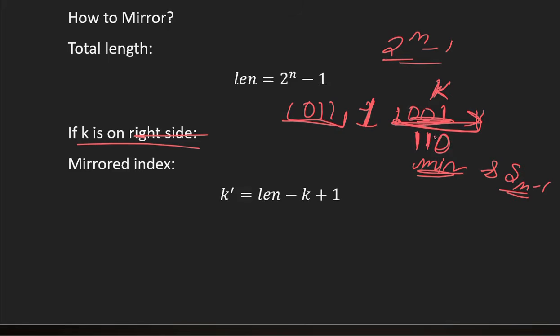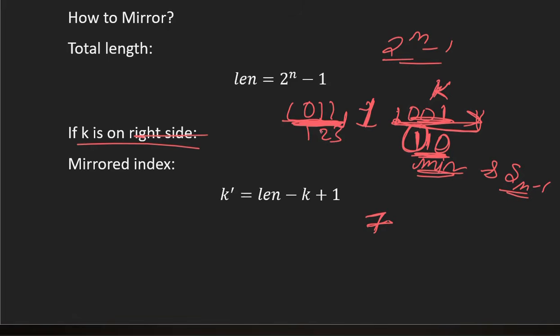So how do we find the new k? Here, what is the total length? The total length is 7, and suppose we have to find the fifth bit: 1 2 3 4, this fifth bit. If you see, this fifth bit is the third bit in the previous string, here 1 2 and 3.